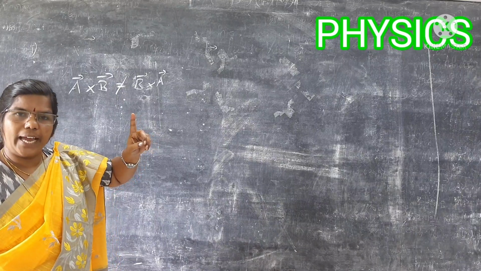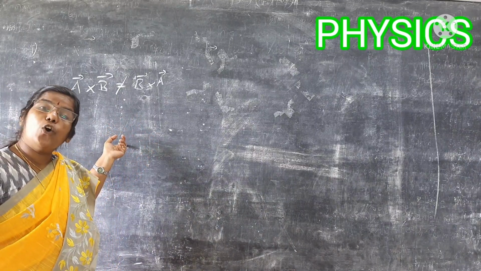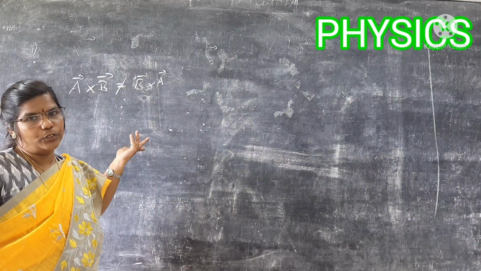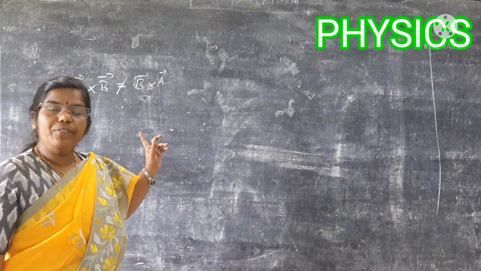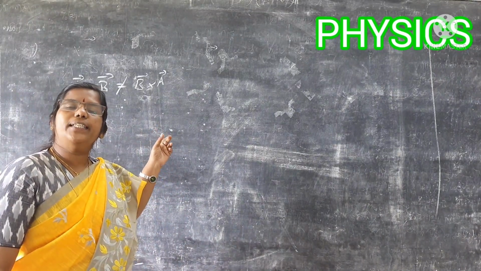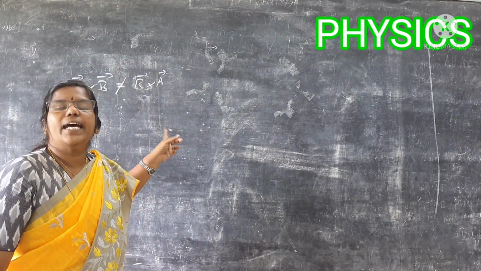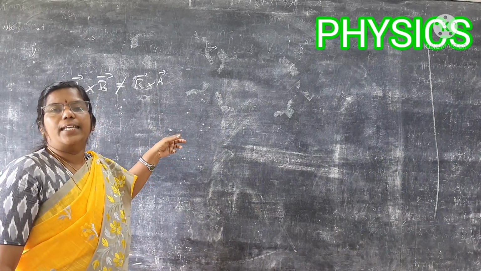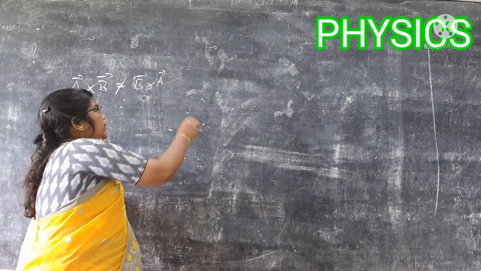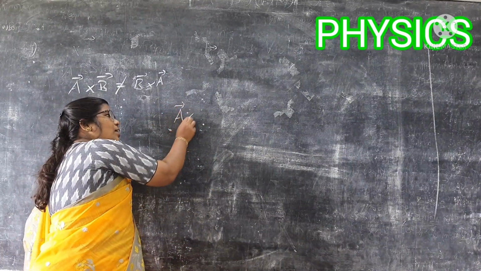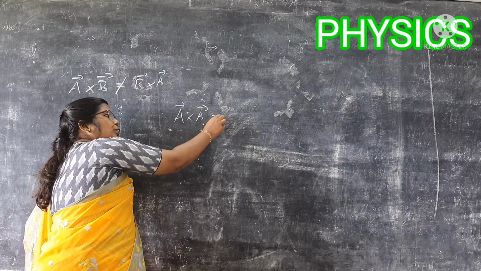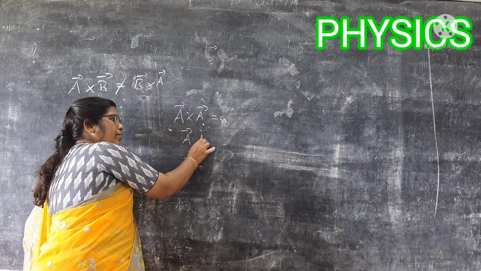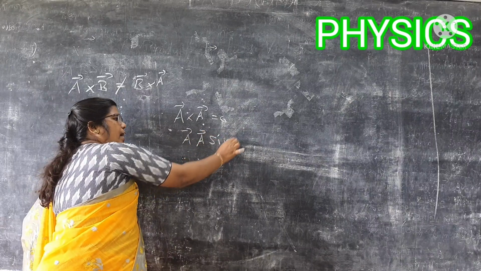That is theta equals 90 degrees, and it will be 0 when sin theta equals 0 or theta equals 0 degrees. There we studied the self dot product equals 1, but here the self cross product equals 0. Okay, that is A vector cross A vector equals 0, because A vector cross A vector means A A sin theta.